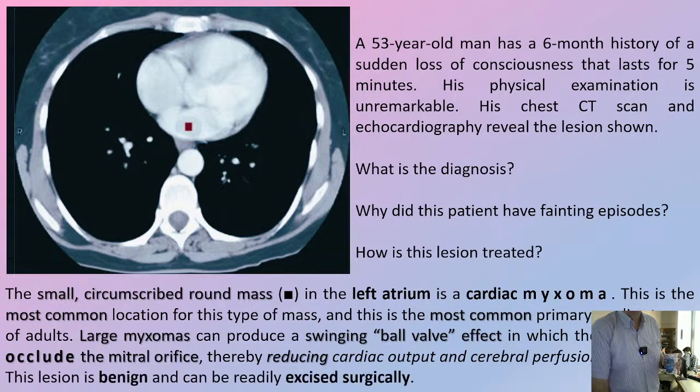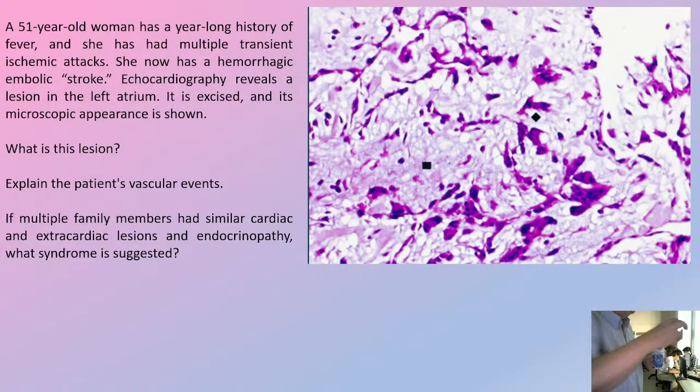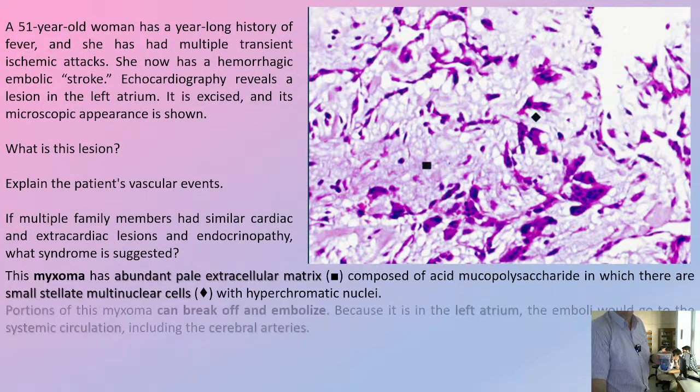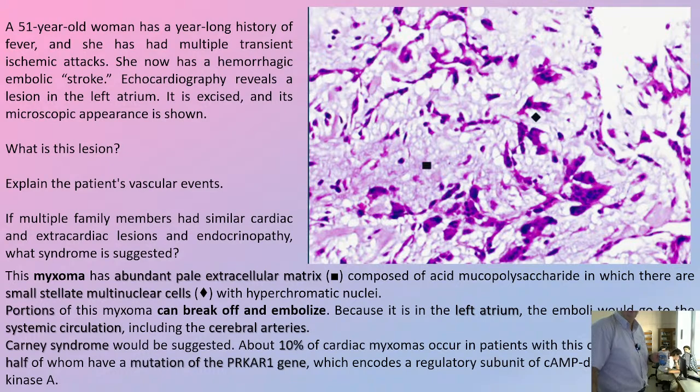And have a look at this tumor. You see there is a lot of matrix and stellate appearing cells relating to the mesenchymal nature of this tumor, which is a cardiac myxoma. Of benign nature, however, it should be surgically treated so that some parts of it may not break and become emboli.